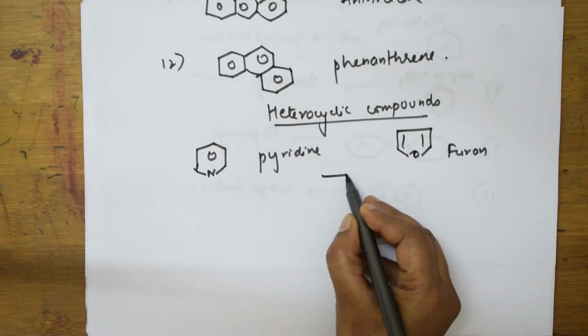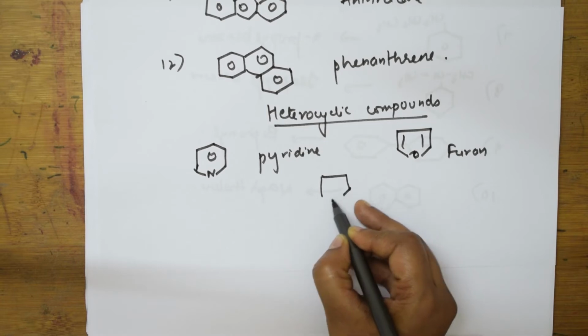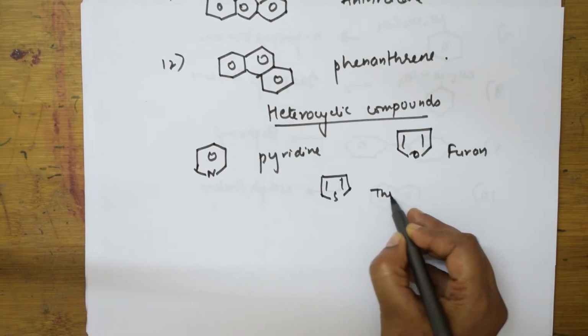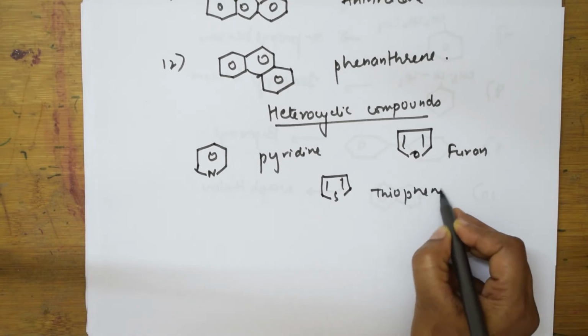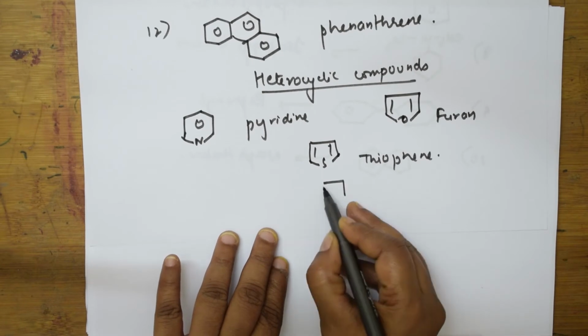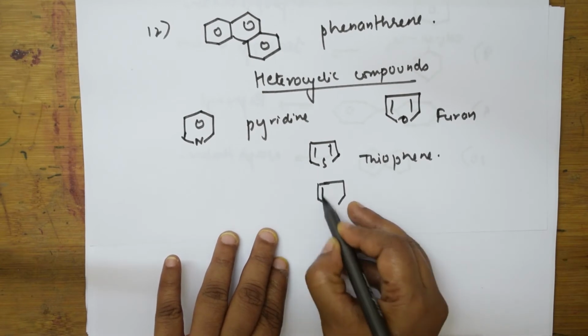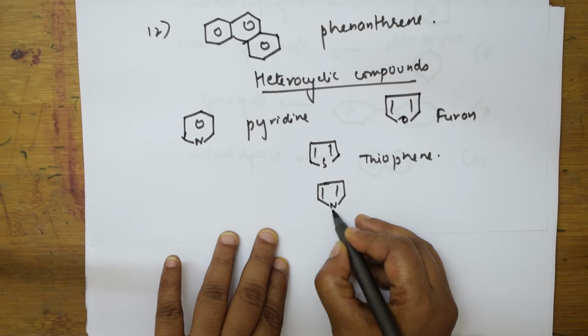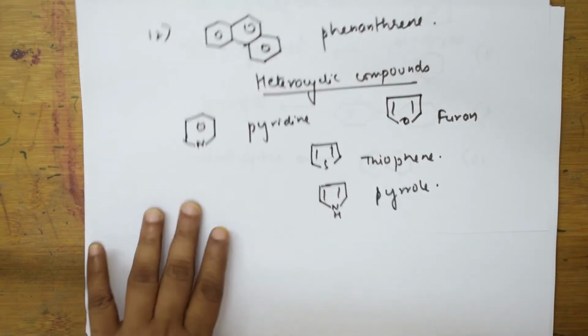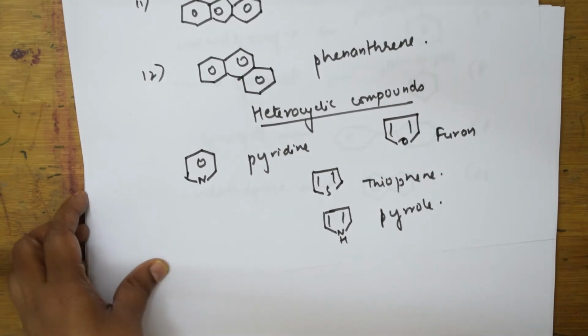The same thing, if instead of oxygen you have sulfur, then I call it thiophene. Suppose I have nitrogen and hydrogen, this is called pyrrole. Right? So these are the aromatic compounds, students.